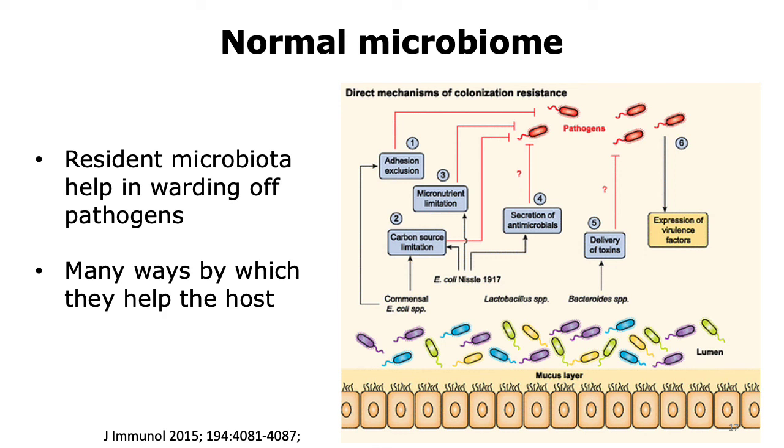They're able to do that in many different ways, which include competing with pathogens for nutrients, as well as making certain substances that can be antimicrobial in nature. They also can make toxins that are detrimental to different pathogens, and they're able to compete with pathogens for space. Thus, our normal microbiome also plays a really important role in host defense.